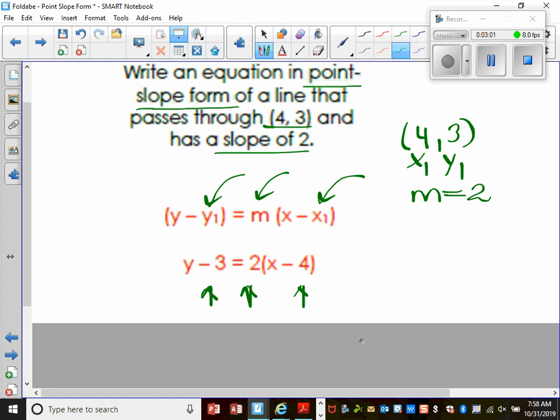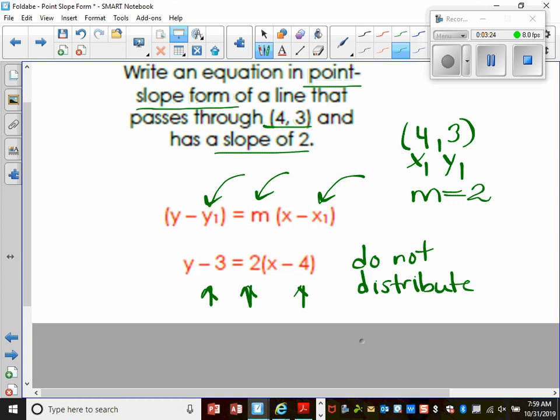Now, you don't go any further because a lot of students want to immediately start doing something else like distributing. You do not distribute. I'm going to put up here, do not distribute, because once you distribute, you are taking it out of point slope form.